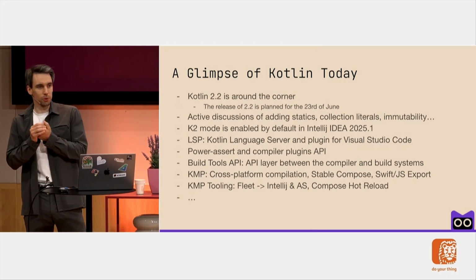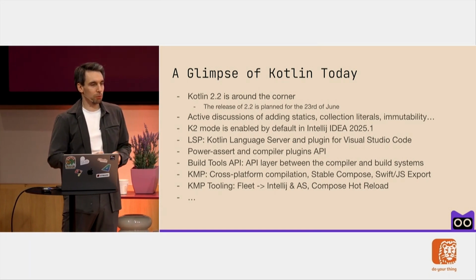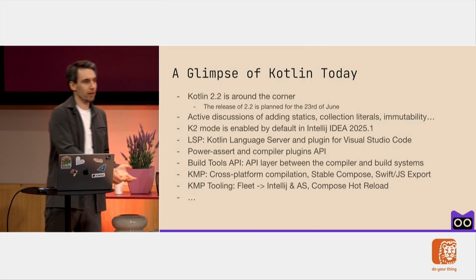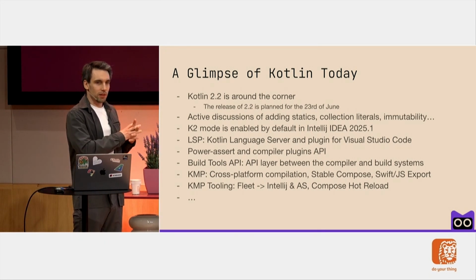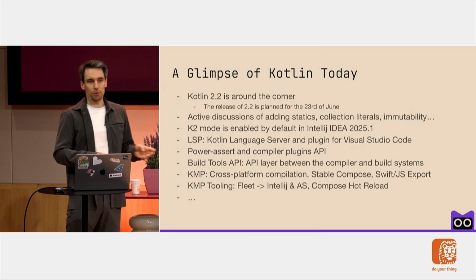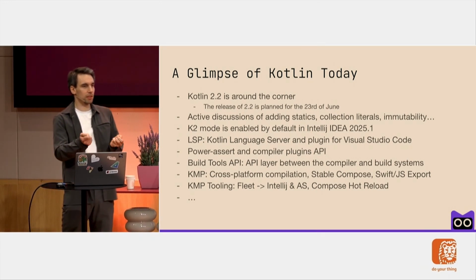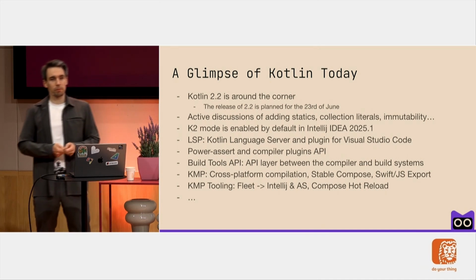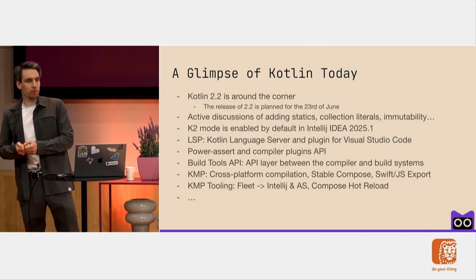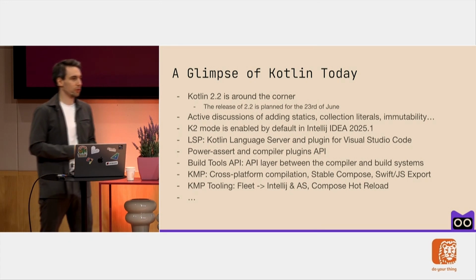If we do a fix for Gradle, most likely we'd have to port this fix for Maven, for Bazel, Bug, which is just impossible. So this build tools API layer will allow us to easily port these fixes among build systems, and it will enable, for instance, multi-platform support for Maven or other build systems, which we find important. For instance, for our own build system, which is called Amper.